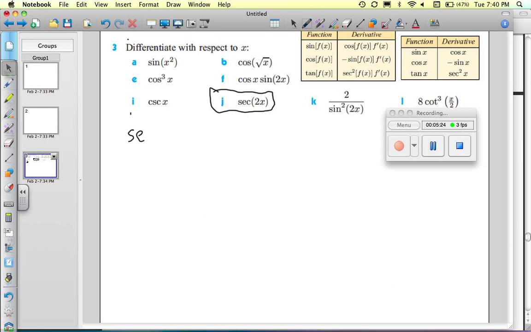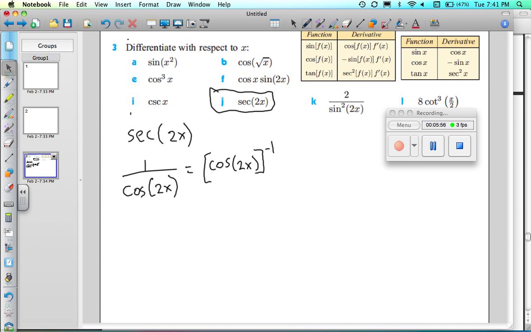Secant of 2x is the same thing as 1 over cosine of 2x, which is the same thing as cosine of 2x raised to the negative 1 power. And just like before, we do the chain rule to begin with.